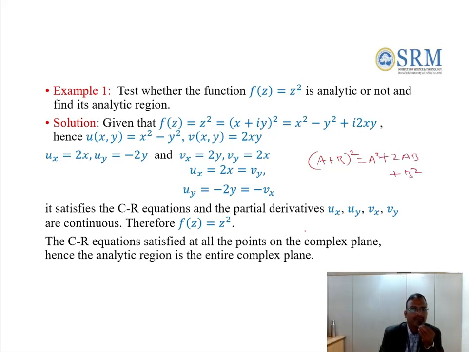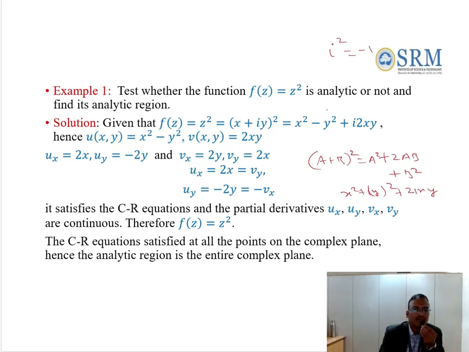Use this formula, then we get x square plus (iy) whole square plus 2ixy. But i square is minus 1. Therefore (x plus iy) whole square is equal to x square minus y square plus 2ixy.